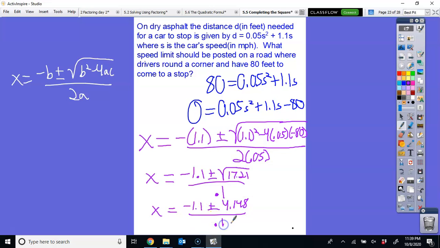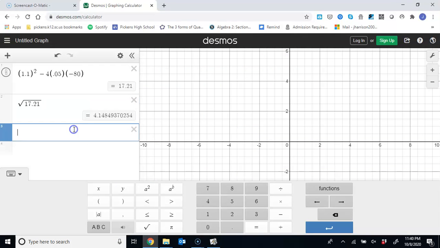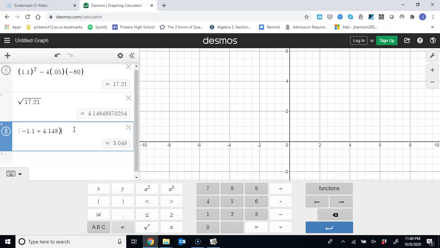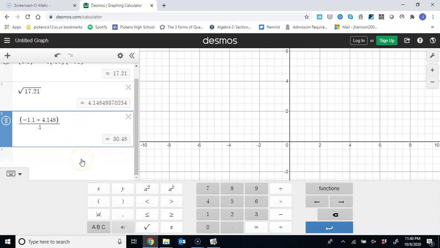Anytime I round, my answer is going to be a little bit off, but now I can take this and do negative 1.1 plus the ugly decimal. So negative 1.1 plus this 4.148, and you may want to add a couple more decimal places there. This whole thing is divided by 0.1, and there's one of my answers.